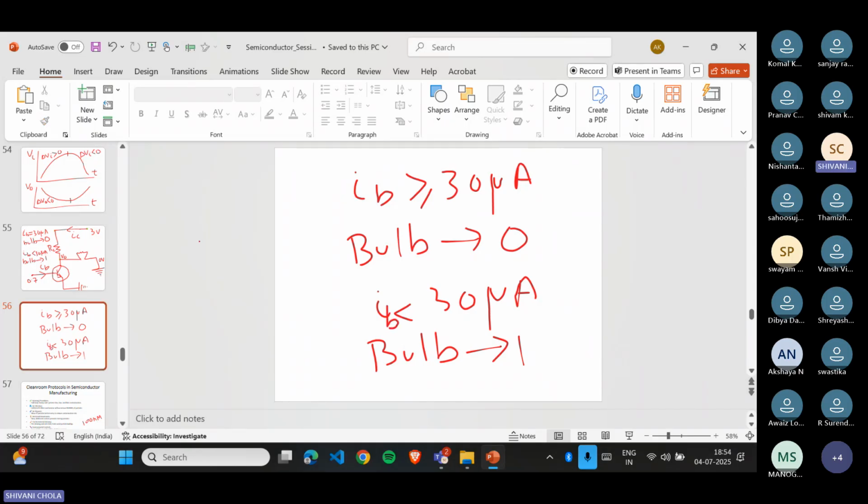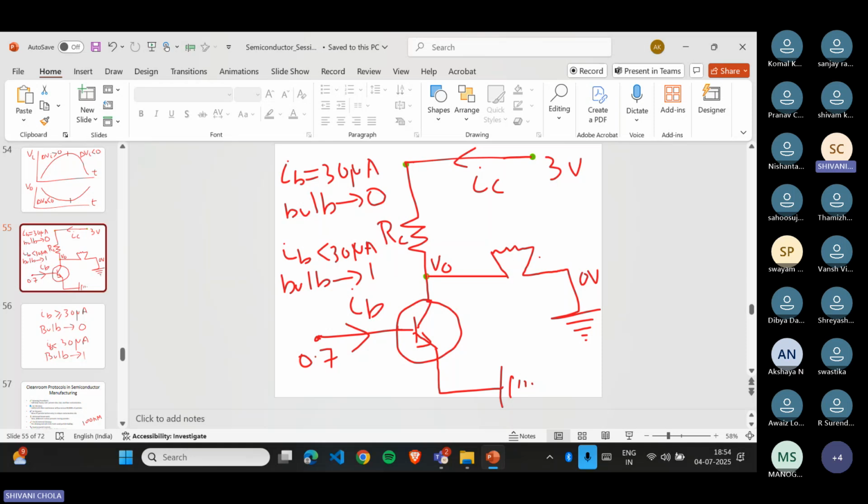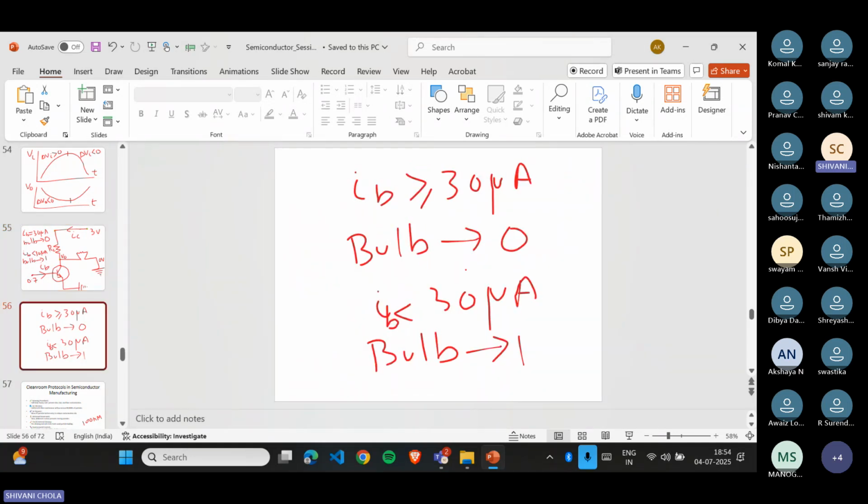This 30 microampere is not a fixed value. All right, my friend, we are just using it because we have taken some value so that it will match the mathematics. But for explanation purposes, we can say it's working as a switch near the point of 30 microampere. Clear?